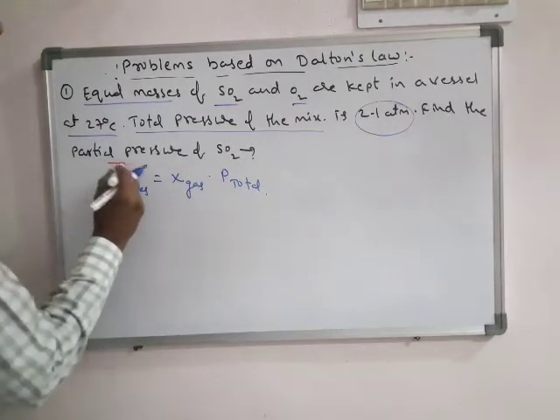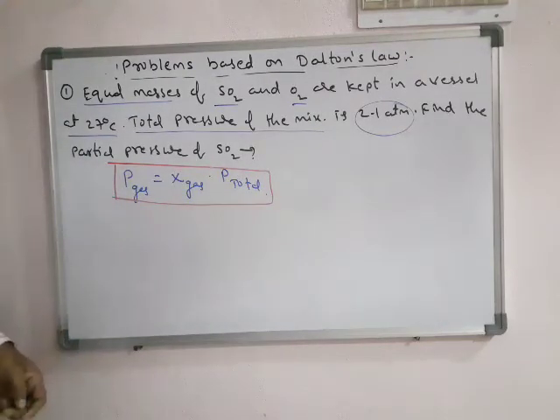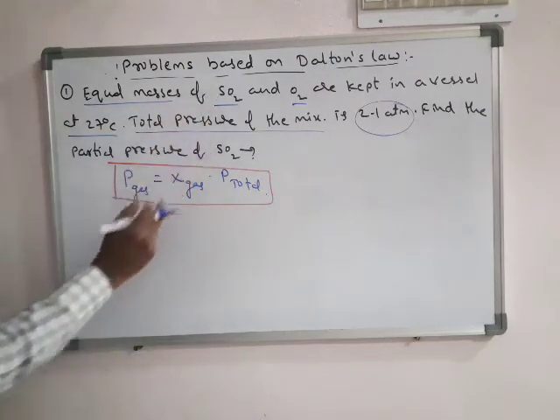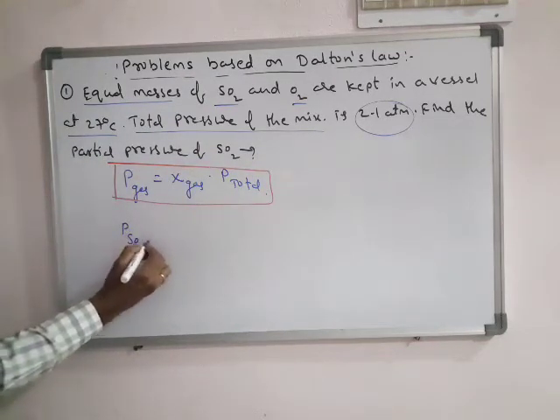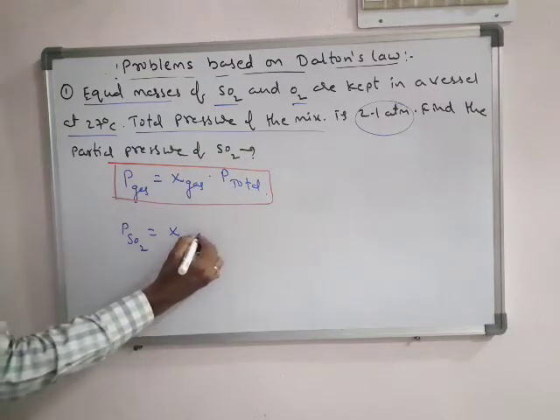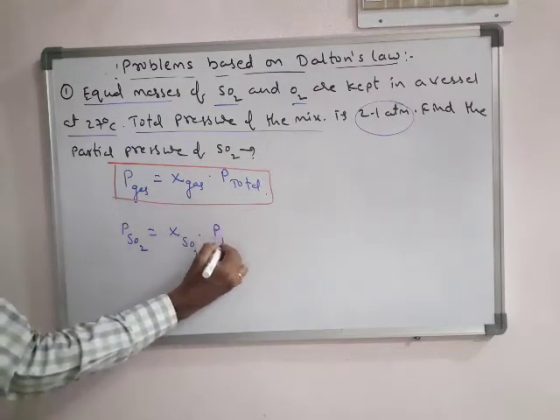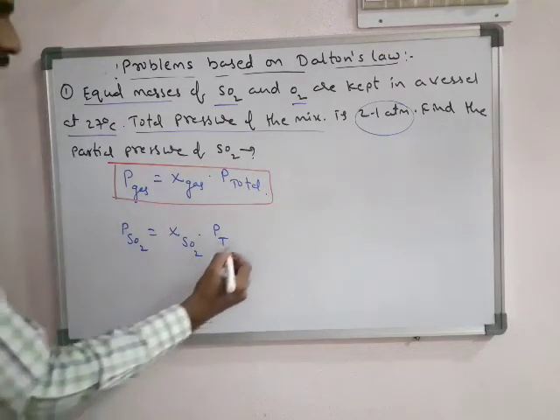Okay, here we need to find the partial pressure of SO2. That means we need to find the mole fraction of SO2 times P total. Say it is equation 1.